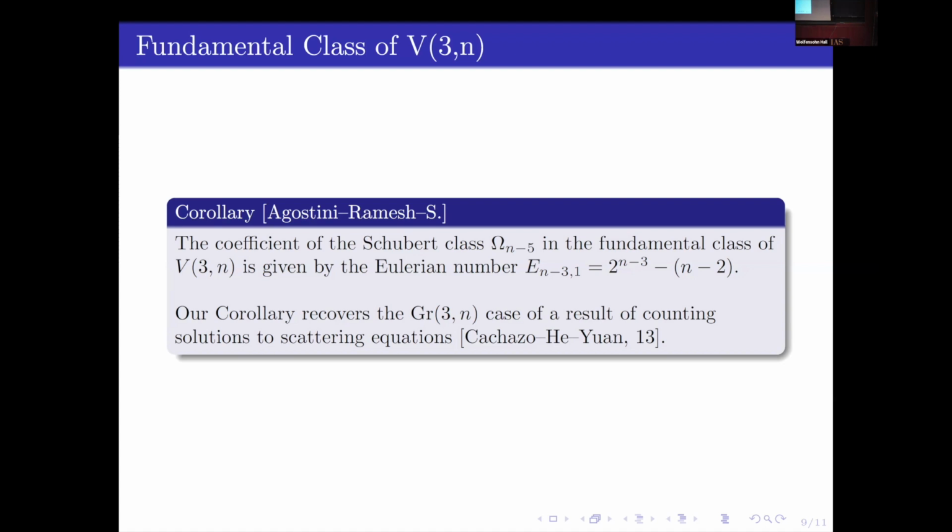So in their 2013 paper, they counted the number of solutions to some scattering equations. And let's recall from multiple previous talks that we have the spinor helicity variables lambdas and lambda tildes. The lambdas will give us a 2-dimensional subspace in n space. The orthogonal complement of the lambda tildes will give us a codimension 2 subspace containing the 2-dimensional subspace.